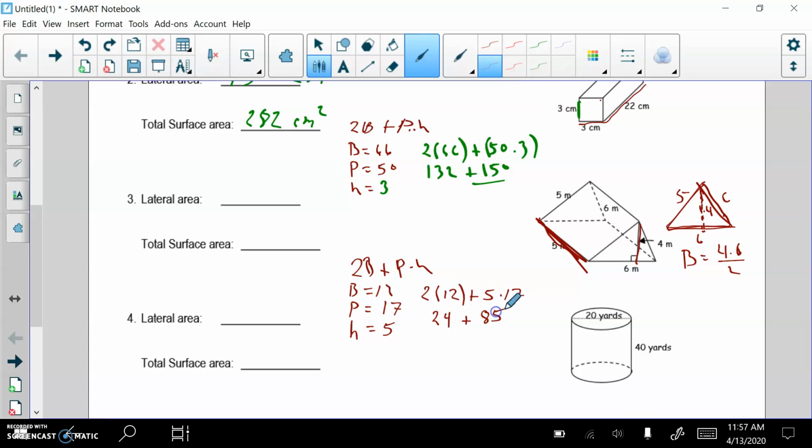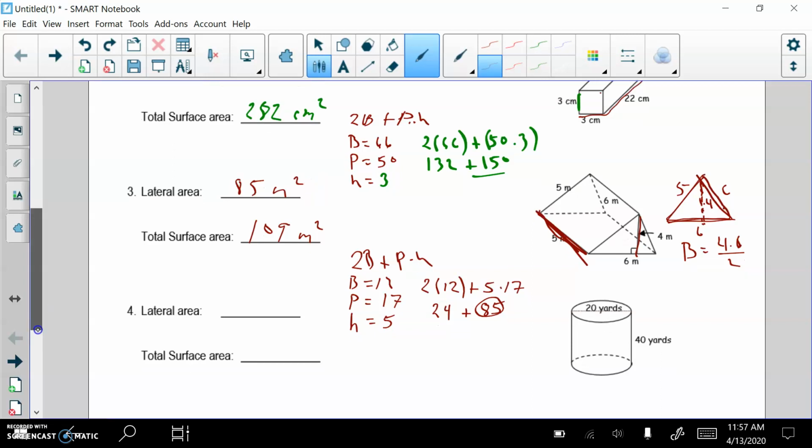So once again, we have two answers in one. Your sum is the total, 109 total surface area, and that's in meters squared. The lateral is just this number. So the lateral surface area is 85 meters squared.